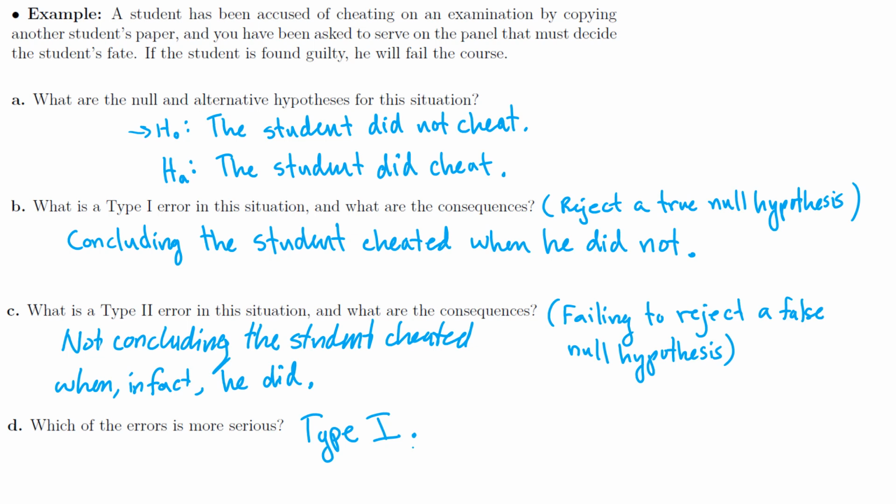Obviously, if you have student after student after student getting away with cheating, then that becomes a real problem for the institution, because then the credibility of their degree comes into question. So it's not that a type 2 error doesn't matter, it matters a lot, but for this individual instance, we would say a type 1 error is more serious.